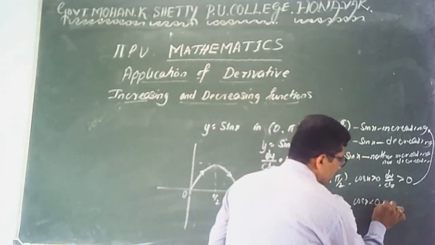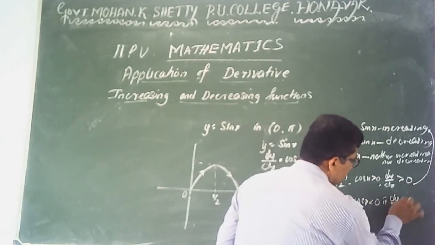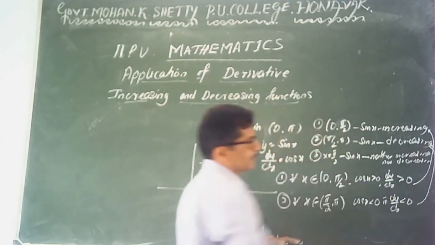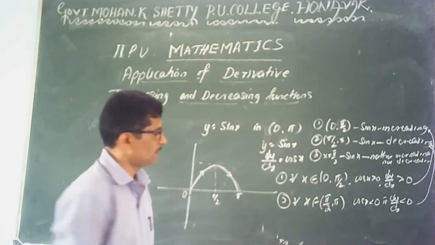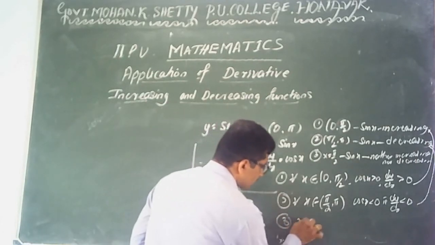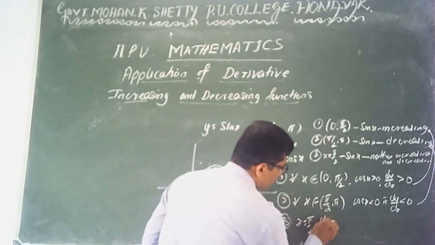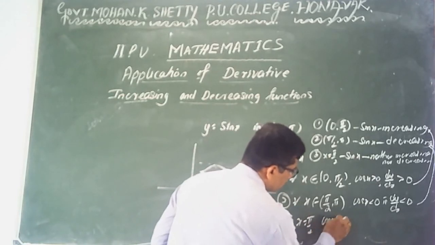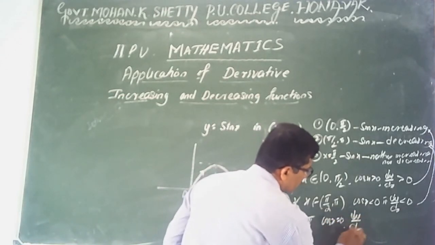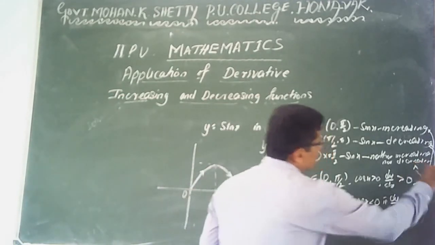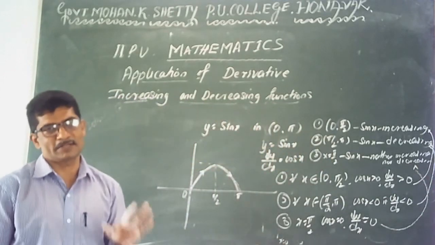It means dy upon dx is negative. Therefore, it is decreasing. It is clear. Next, the third case, x is equal to pi by 2, cos x equal to 0. It means dy upon dx equal to 0. Therefore, you say that it is neither increasing nor decreasing.